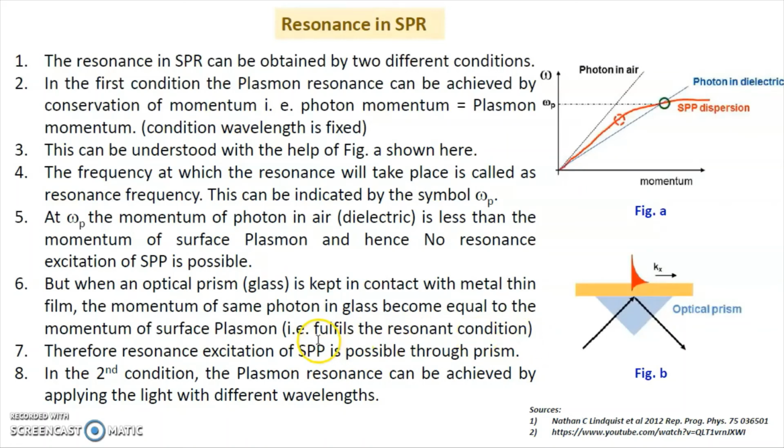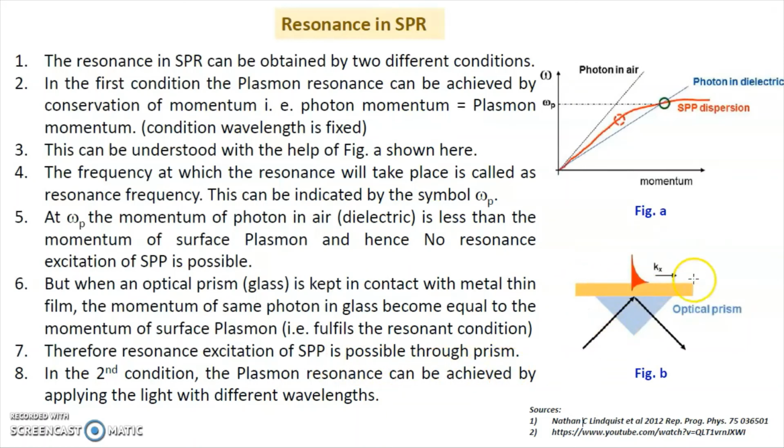This is what we want. So we obtain this condition of photon momentum equal to plasmon momentum just by keeping an optical prism just below the gold thin film. And therefore, the resonance excitation of SPP is possible through a prism.